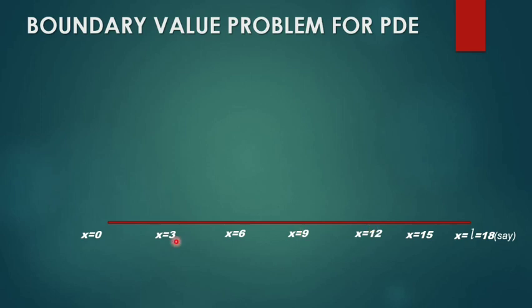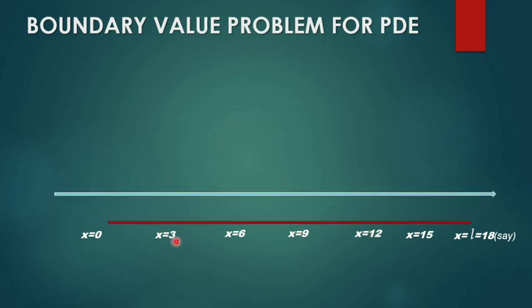Suppose we are marking these subintervals along the x-axis. So we are having some discrete points, and the initial value of u, that is like temperature, is known at these points.